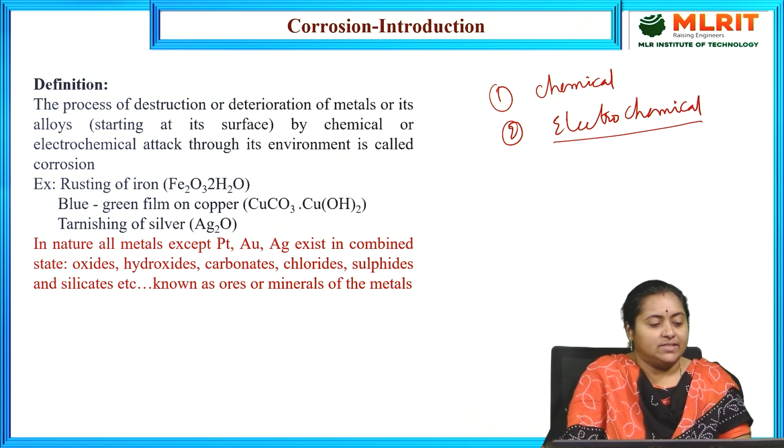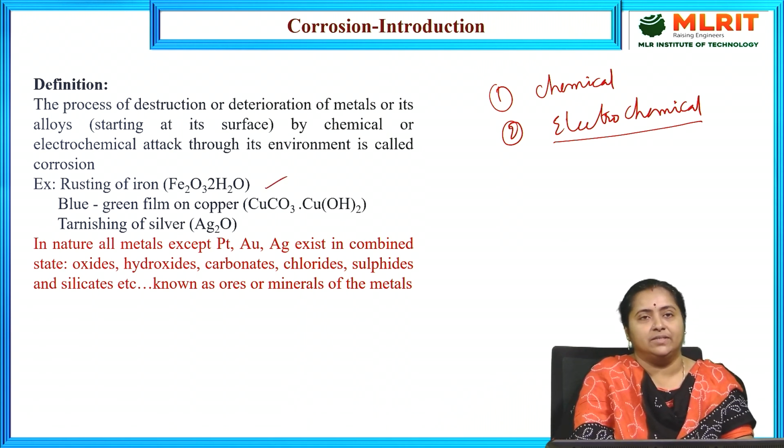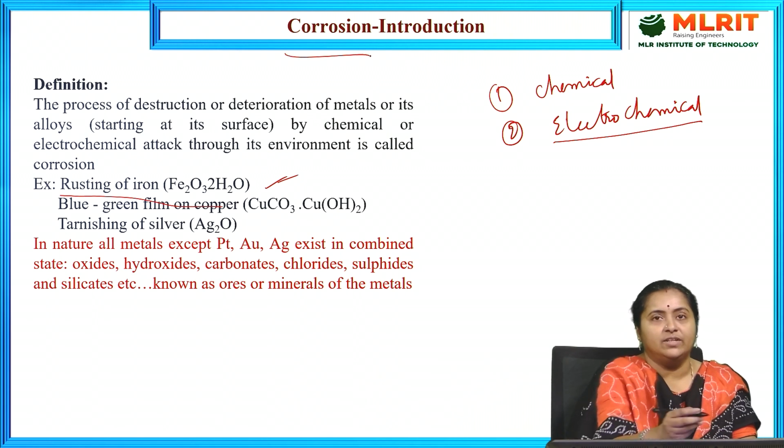Coming to the examples for corrosion reaction, rusting of iron. Generally, if a piece of iron bar is exposed to the atmosphere for a few days, especially in winter season, we can notice the formation of a reddish brown colour layer on the surface of the iron. That is what we call rusting of iron, and that process is an example of corrosion reaction.